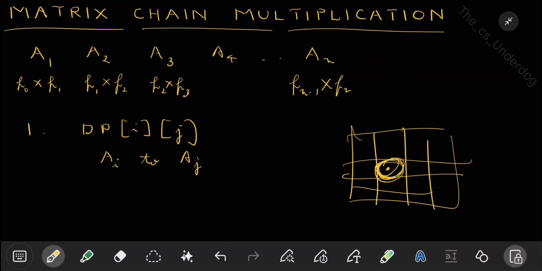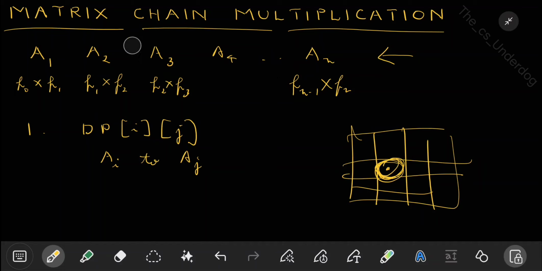Keep in mind, it is not Ai into Aj. It is the product of all matrices from Ai till Aj. That is, if I am multiplying all these matrices from some point which is Ai till some other point which is Aj, if I want to multiply all those matrices, what is the minimum number of scalar multiplications using which I can do this? This is what any single block in this matrix will represent.